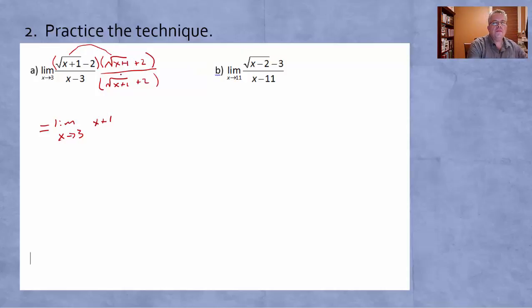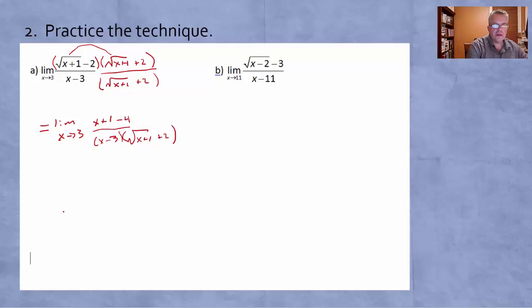And then the square root parts cancel again, because when we do this one, minus 2 times square root of x plus 1, and then we do this outer one, positive 2 times square root of x plus 1, they cancel. We're left with minus 2 times 2 is minus 4. All over, well, we have this crazy denominator, x minus 3 times square root of x plus 1 plus 2.